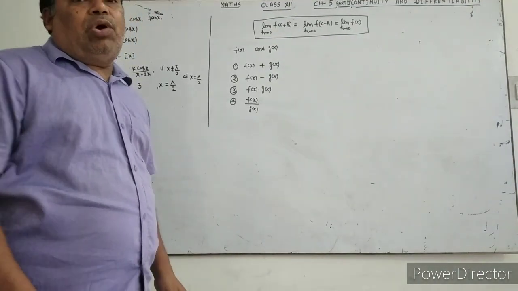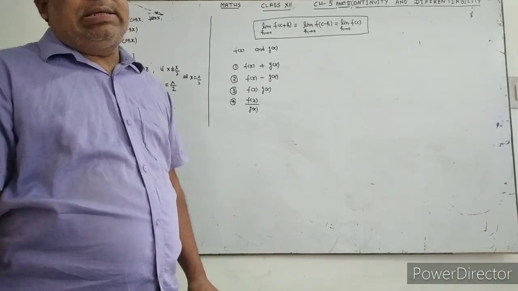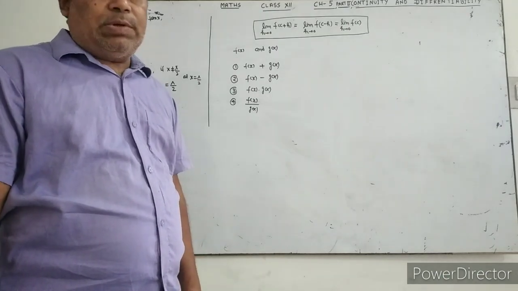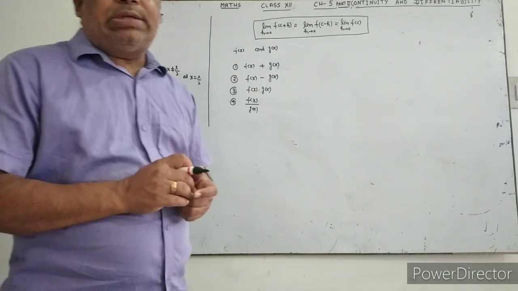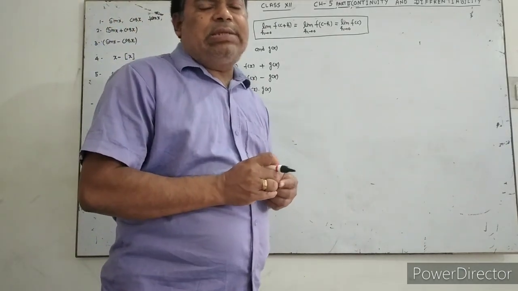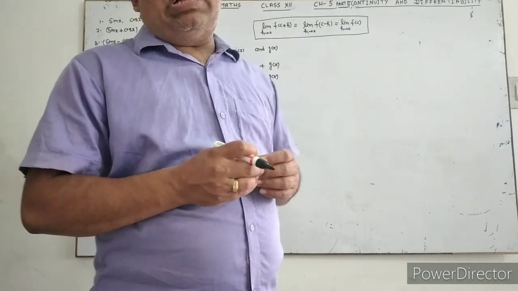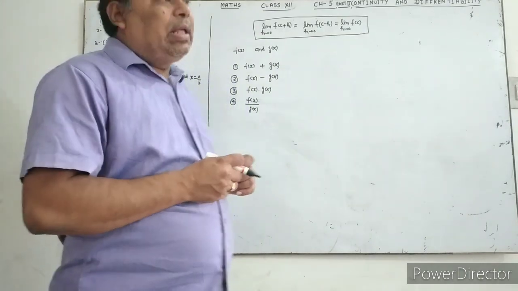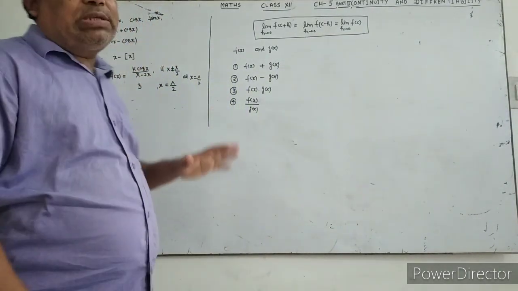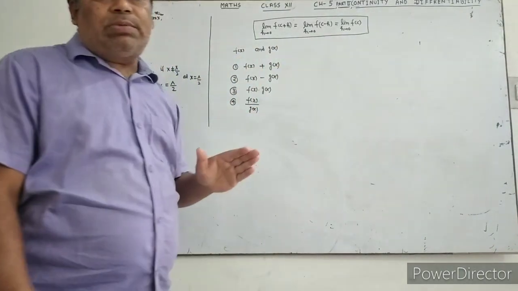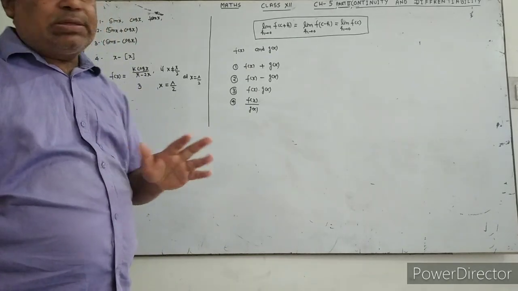Sin x, cos x, tan x, sec x, cosec x are also continuous functions. Then sin x plus cos x, the sum of two continuous functions, is also continuous.